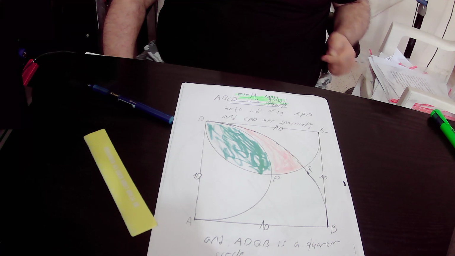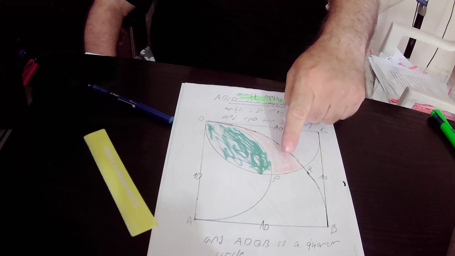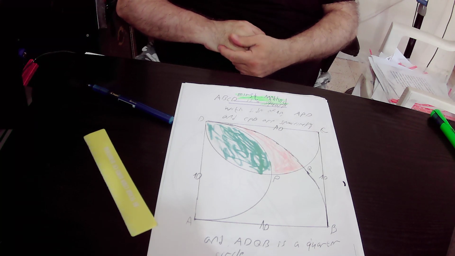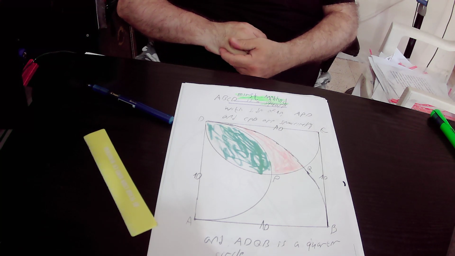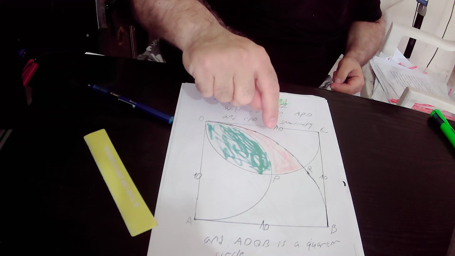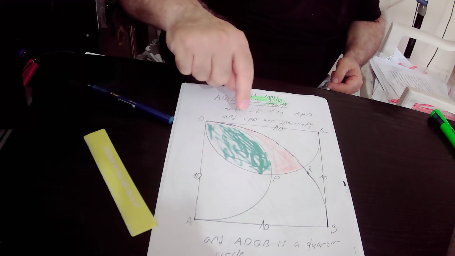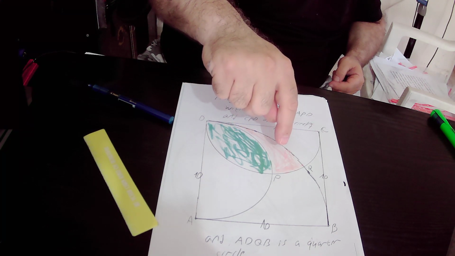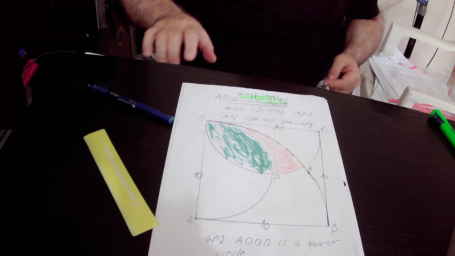Okay, so in order to find out the area of this orange shape, it is very easy to see from the drawing that the area of the big lens minus the area of the blue lens equals the area of the orange shape. So write it down.